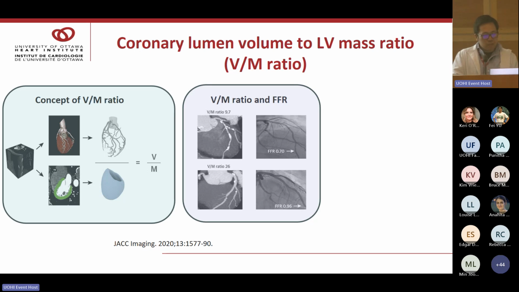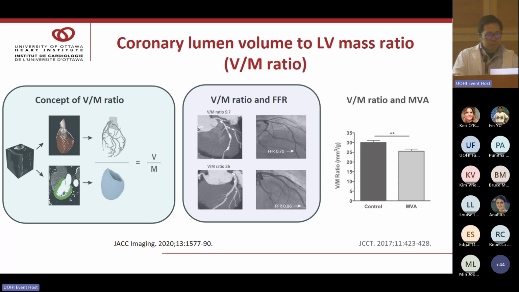It has been shown that there is a correlation between invasive FFR and VM ratio. Additionally, the Vancouver group has shown that patients with microvascular angina have a significantly lower VM ratio. So VM ratio could be a useful indicator of coronary microvascular dysfunction.